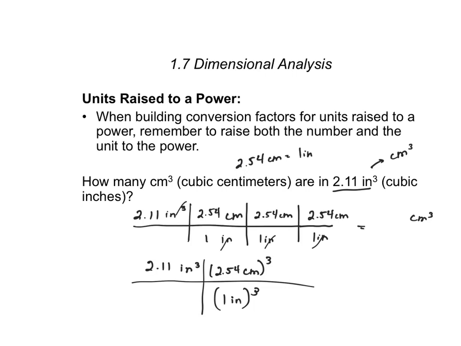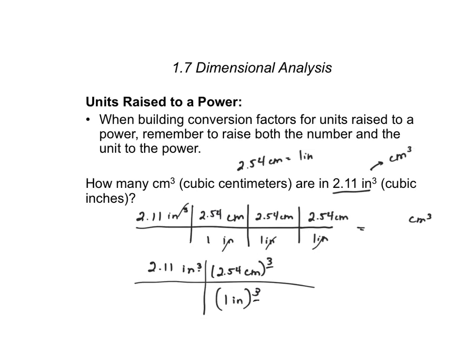Whatever power I've raised this unit to, when I put the conversion factor in, I need to also raise the number of the conversion factor to that exact same power so that I cancel it out, okay? So it's not just the unit, it's also the 2.54 that has to be cubed as well.